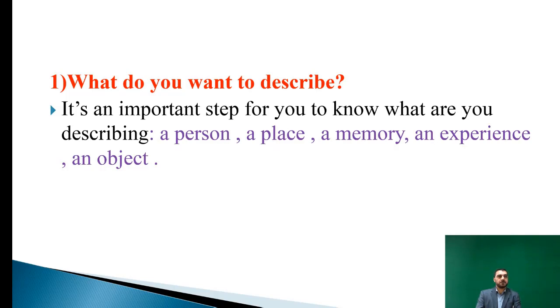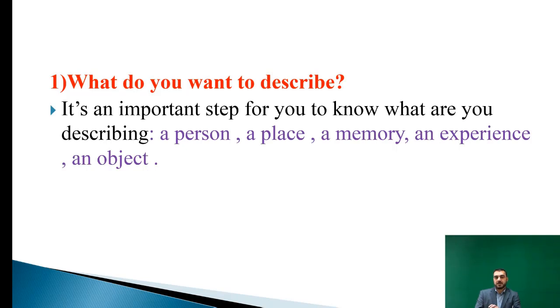It is an important step for you to know what you are describing. At the beginning of writing each descriptive essay, we have to decide the object that we are going to describe. Is it a person, a place, a memory, an experience, an object, or an event, or something else?